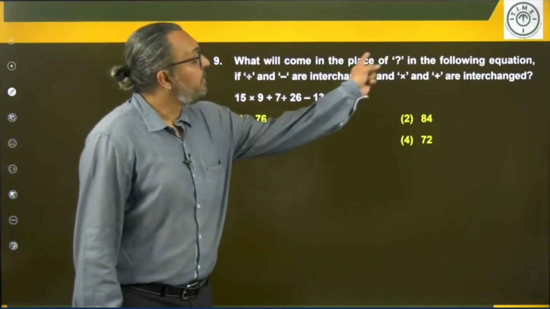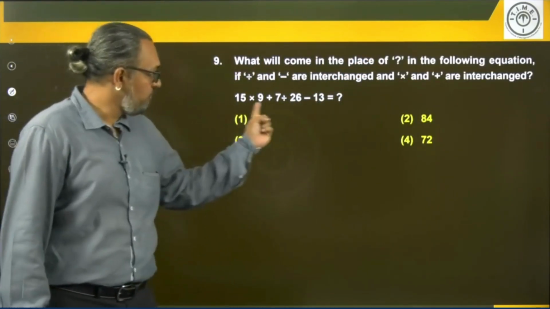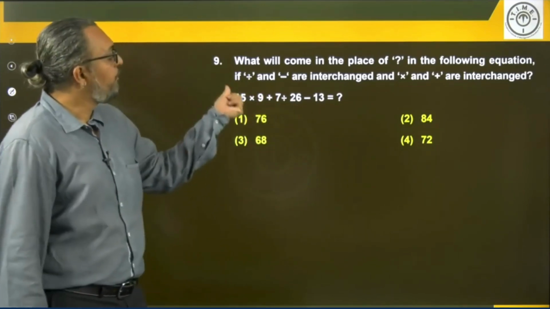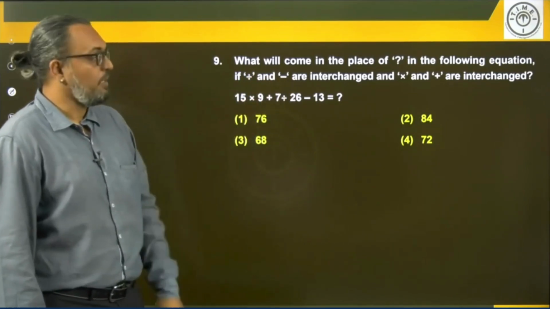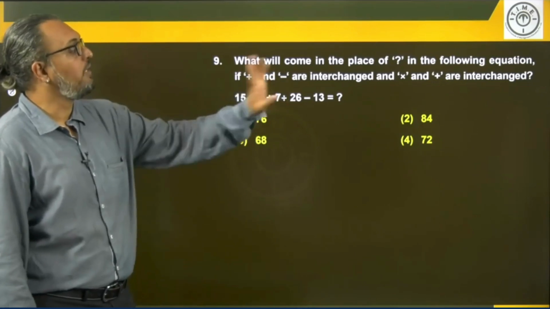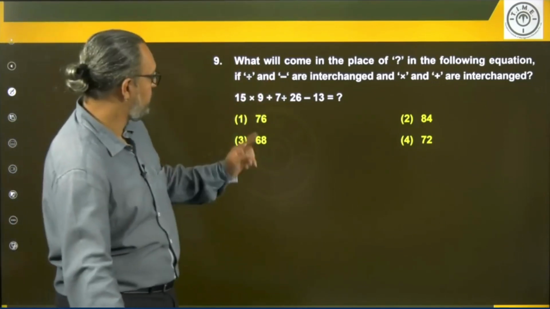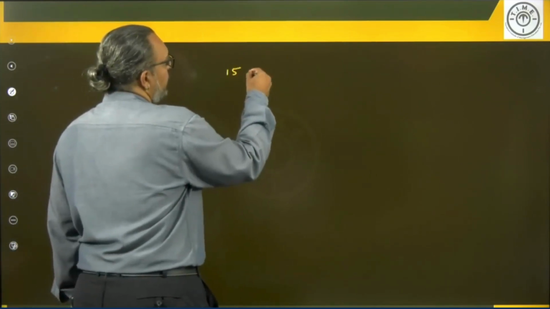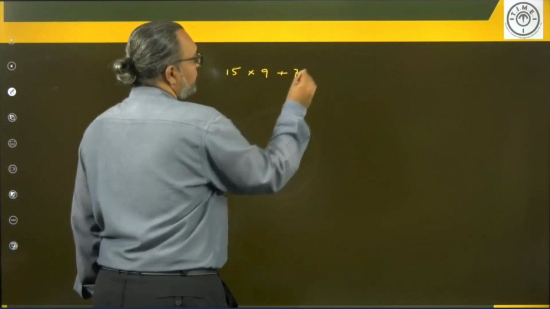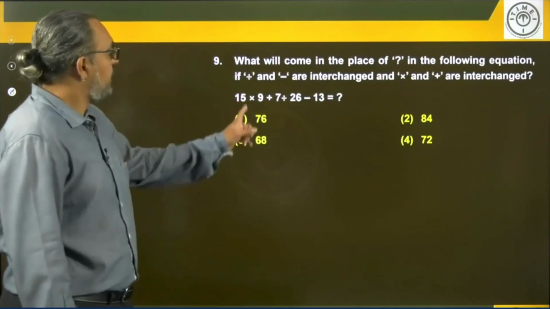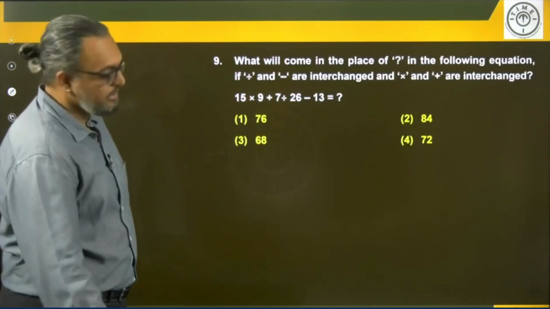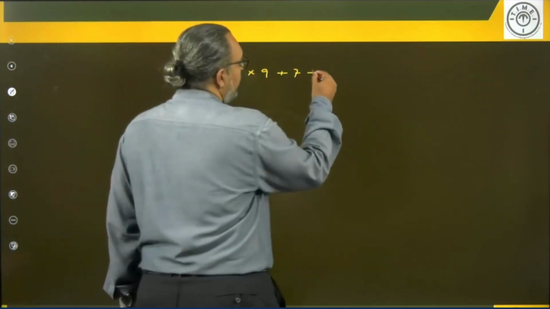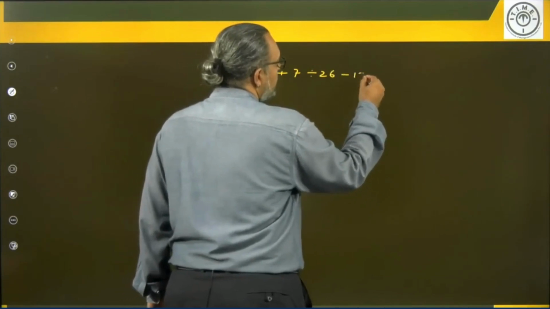Now, what will come in place of question mark in the following equation? If division and subtraction are interchanged, into and plus are interchanged. Okay, let me take the expression 15 into 9 plus 7, then divide by 26 minus 13, divide by 26 minus 30.